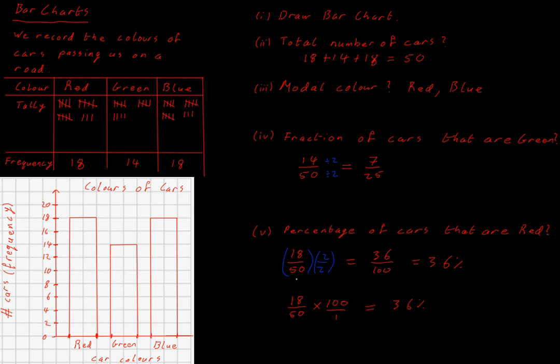We should always aim to figure out the pattern to get a denominator of 100. But if it's an unpleasant fraction or an awkward decimal, we need to know that putting our fraction into the calculator and multiplying it by 100 will also give us our percentage. And it's important we know both methods. So that is what we need.